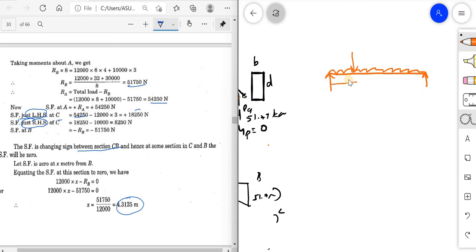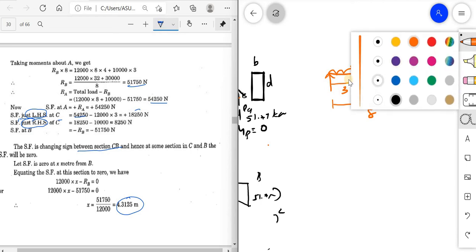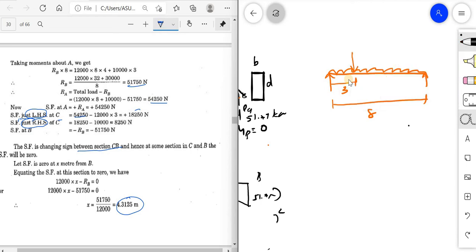This distance is 3, this distance is 8, and we have found that the shear force is 0 at a distance of 4.3125 meter. Since it is 0 at this point, the bending moment will be maximum at this point, at a distance of 4.3125.